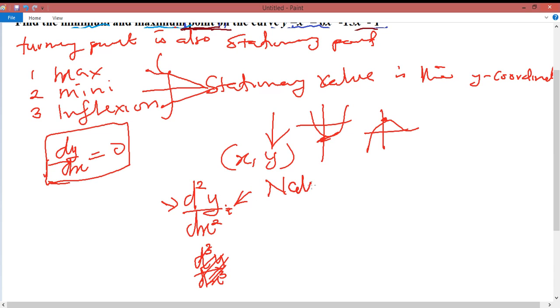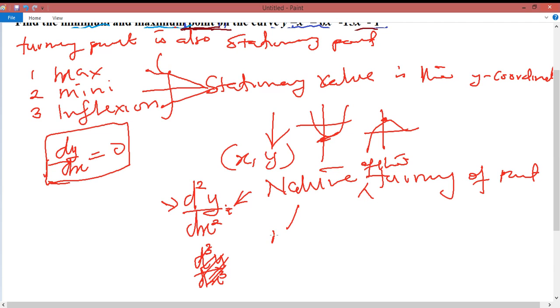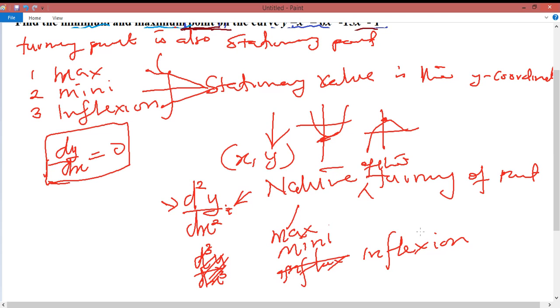When I say the nature of the turning point, they are asking you whether it is maximum, minimum, or inflection. The nature of the point can be any of these 3: minimum, maximum, or inflection.